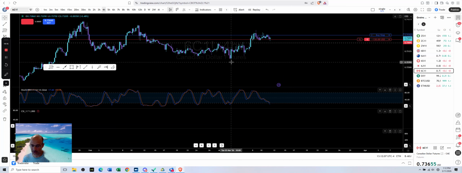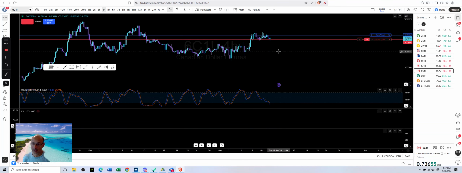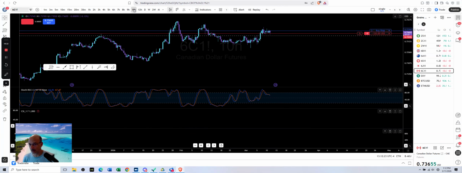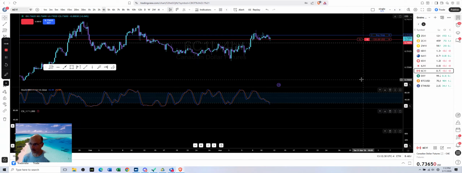Since this started, we've seen the Canadian dollar move up because oil prices had moved up. That seems to have stabilized, so now we're kind of moving sideways. So I felt it was a good point to take a short position here, but that may turn out to not be a good decision either. So look, I show you guys the good and the bad, right? And that's what we do here.